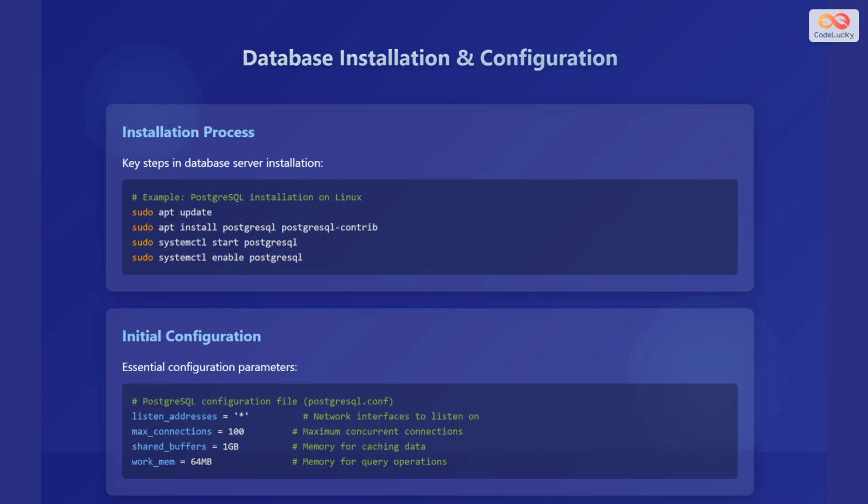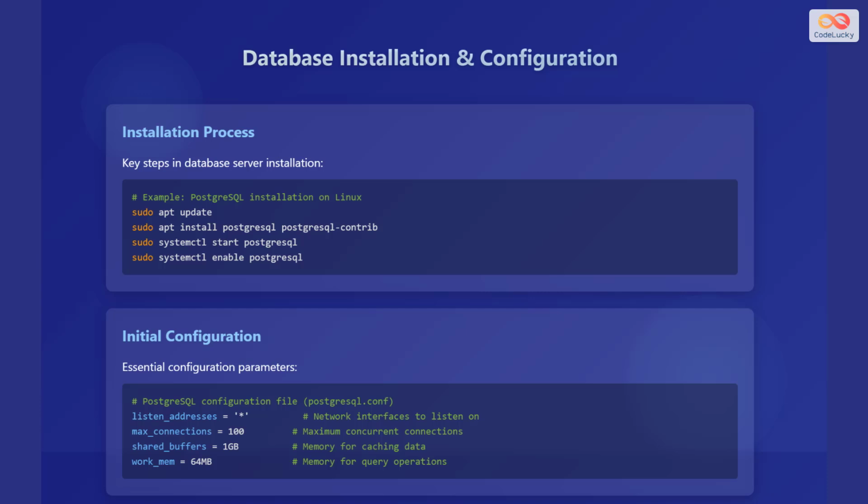Database installation and configuration is one of the most important tasks for a database administrator. Let's walk through the key steps involved in installing a database server. First, update your system's package list. For example, on a Linux system, you can use the command sudo apt update. Then, install the database software along with any additional components.